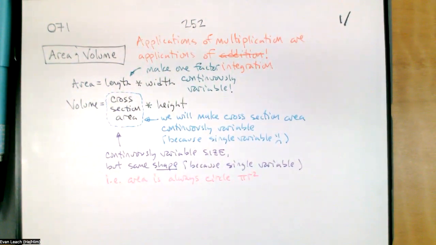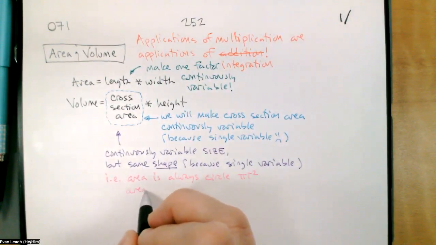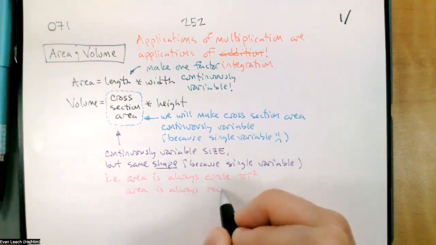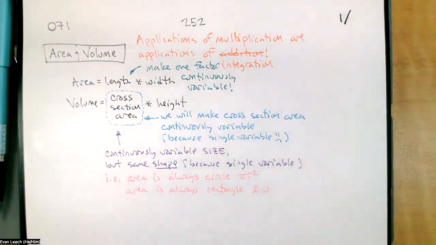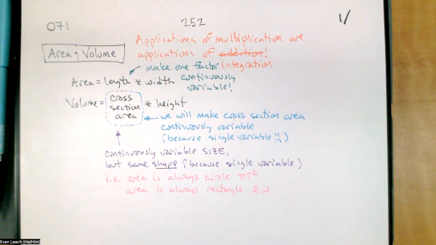Or the area will always be a rectangle. Our cross-sectional area will always have the same shape, but it's going to vary in size. Just want to lay our ground rules for how we're going to deal with this volume problem.